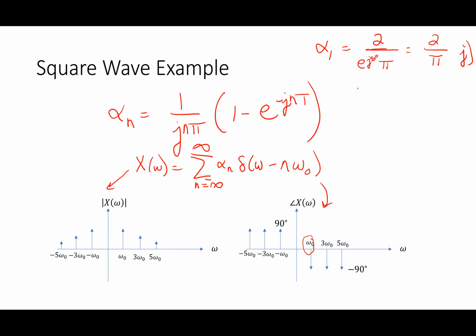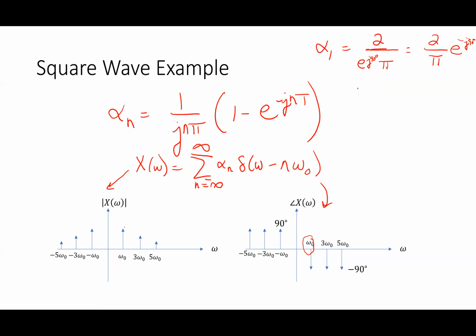If I have j, it points straight up in the complex plane. So that means the bottom's got an angle of 90, which means this is e to the negative j 90. That was my way to make that conversion. So it's got a negative 90 angle and it's got a magnitude.